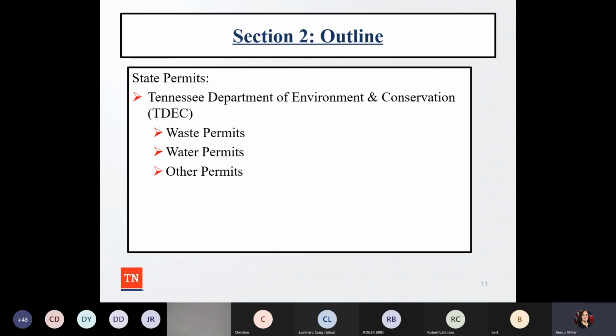Everybody calls me. I'm one of the most popular people in Tennessee government because everybody calls. Like we were working yesterday and my phone was ringing off the hook all day.